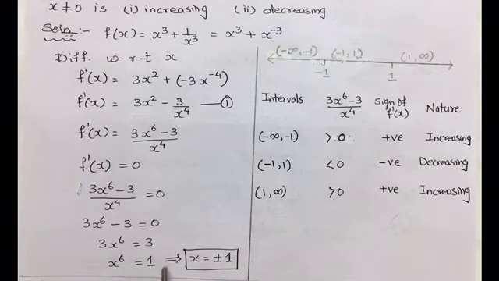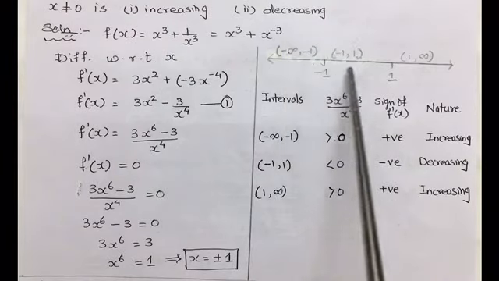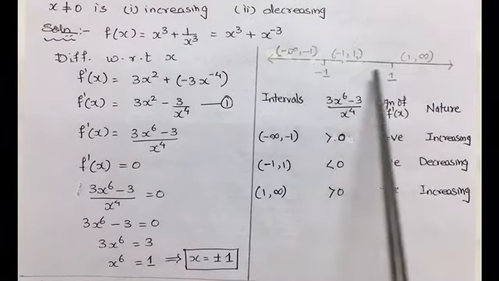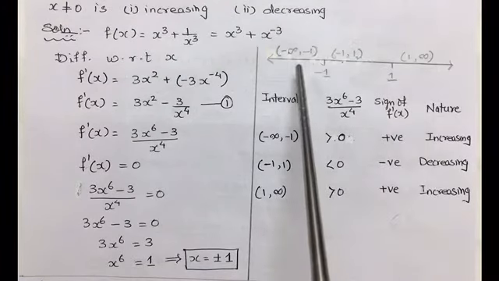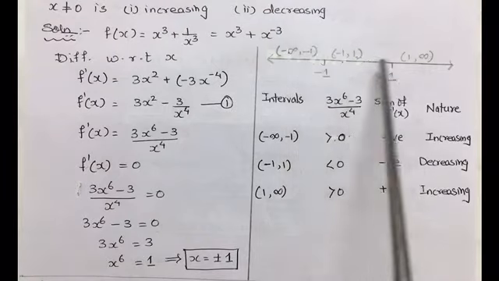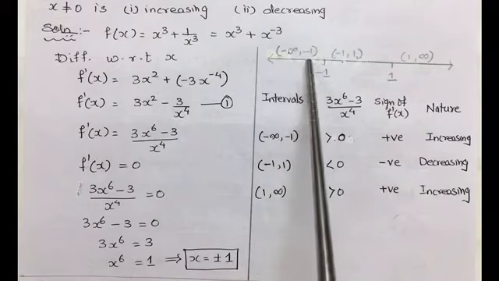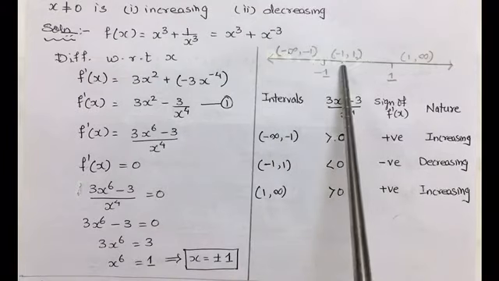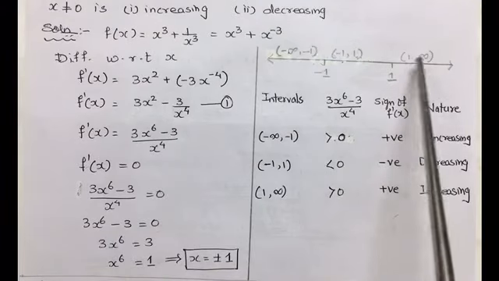X raised to 6 will be equal to 1, and the value of x becomes plus or minus 1. Now plotting the values of x on the number line, minus 1 and 1 divide the number line into 3 intervals. One is minus infinity to minus 1, another is minus 1 to 1, and the third interval is 1 to infinity.